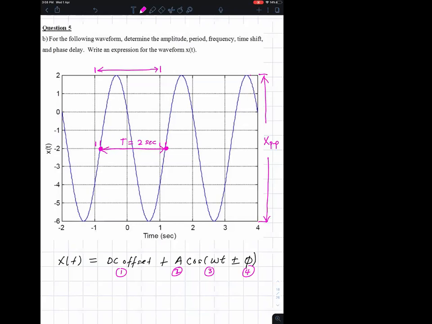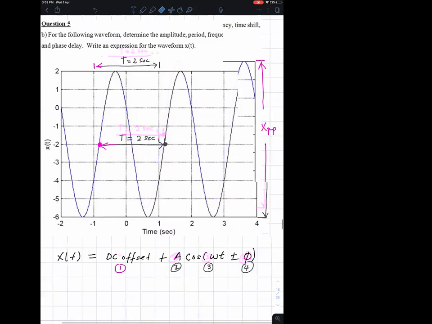I don't know if you guys can see that. Yes, we can, sir. You don't have to be accurate, but you have to mark in the diagram how you find it. So the period is 2 seconds.